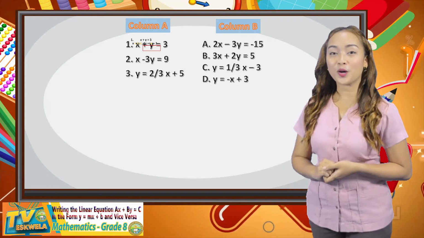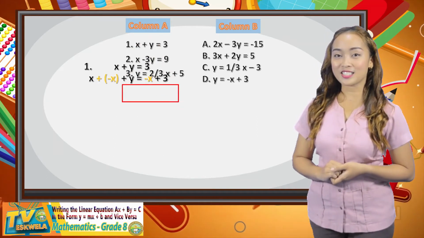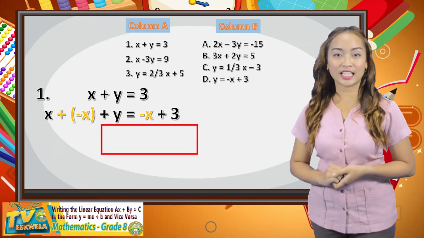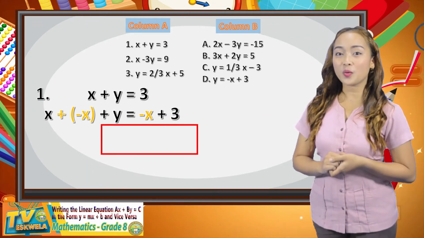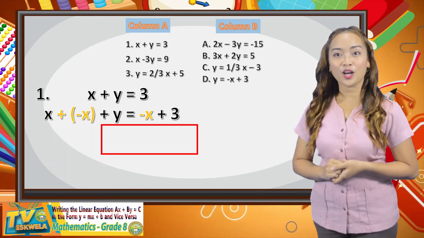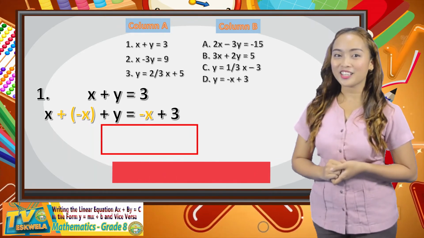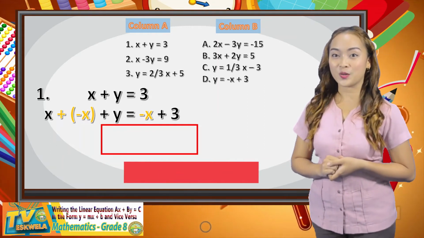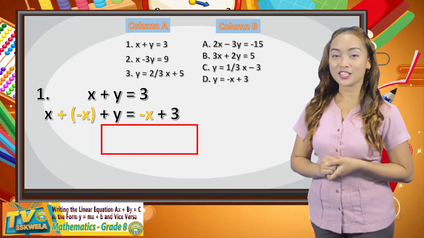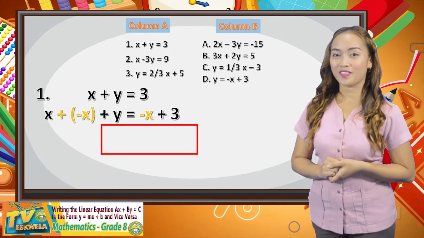Column A, number 1. x plus y is equal to 3. The given equation is in the form of standard form. So we will rewrite this one into its slope-intercept form.